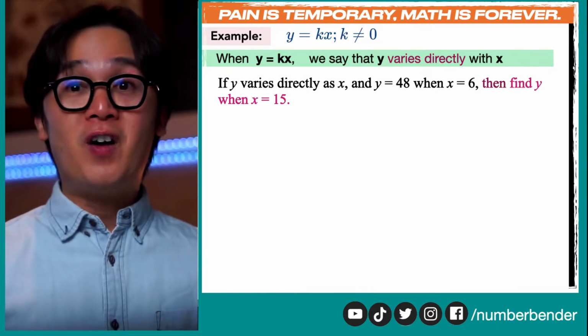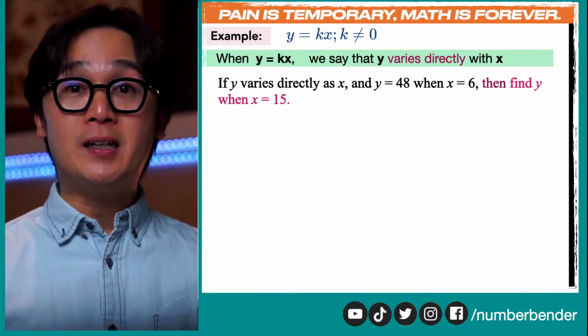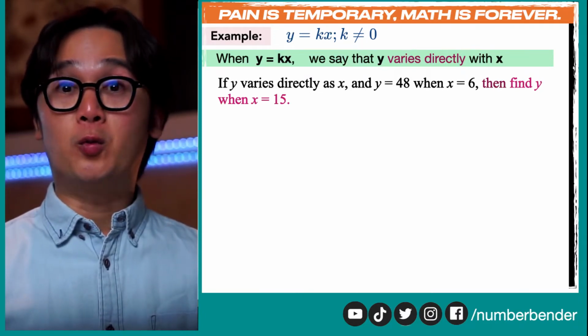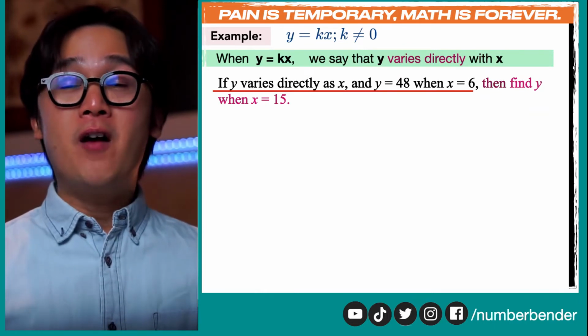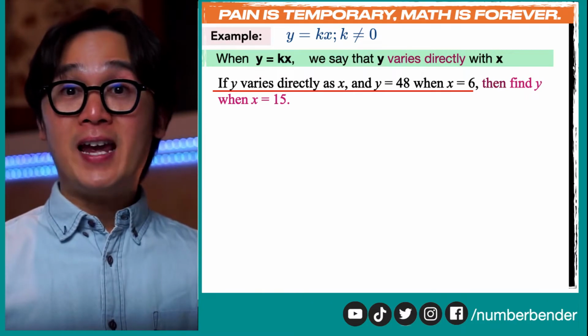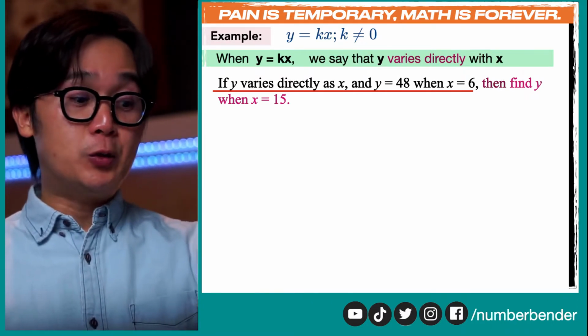We also need to find a specific value of y when x is equal to 15 based on our equation in this problem. So we're going to establish that equation from our first statement, which is y varies directly as x and y is equal to 48 when x is equal to 6.